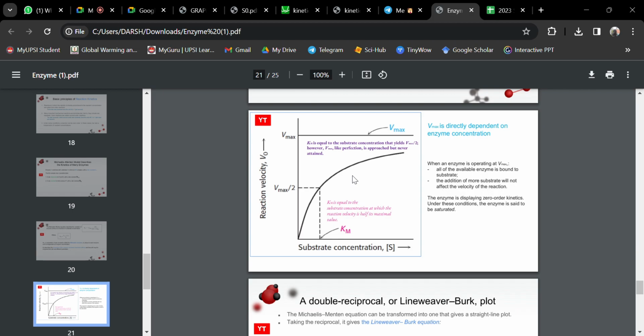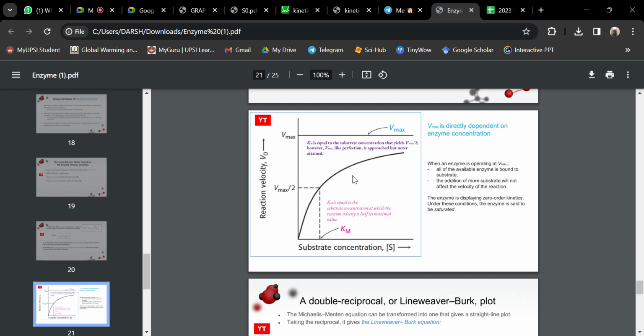As the substrate concentration grows, the black line will rise, and at one point it will stay constant. It just stays constant and does not meet that line. It is called an asymptotic line.